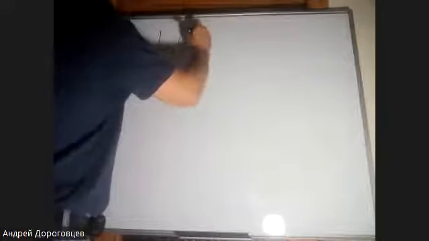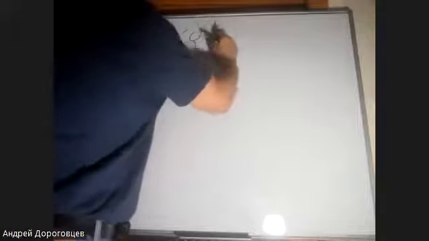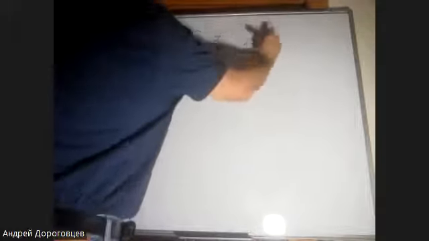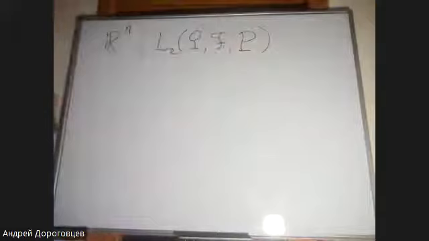Here is (Omega, F, P). This is the usual space of square integrable functions, of square integrable random variables, defined on the probability space Omega.